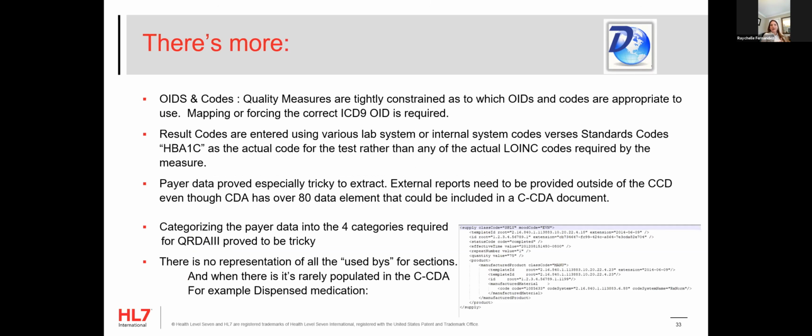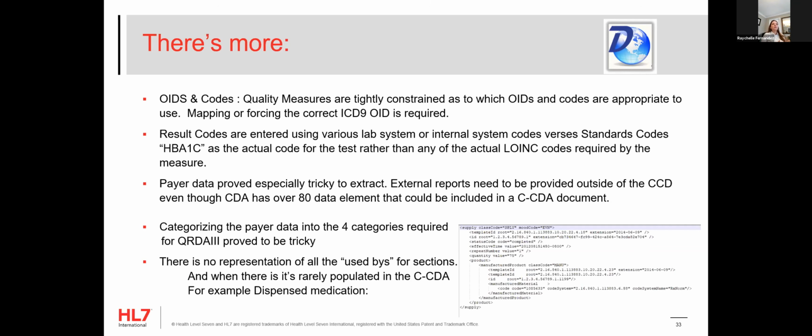Some of these were already covered by Wendy. John, great job in explaining some of the issues, as well as Nance on things that were not seen. Some things that weren't mentioned: the OIDs and the codes for quality measures are tightly constrained, so those OIDs are very specific to the codes required for the quality data. You're going to have a mismatch there, and we talk about it all the time in our CDA meetings, the disconnect and how to align those quality measures tightly with the OIDs and the value sets.